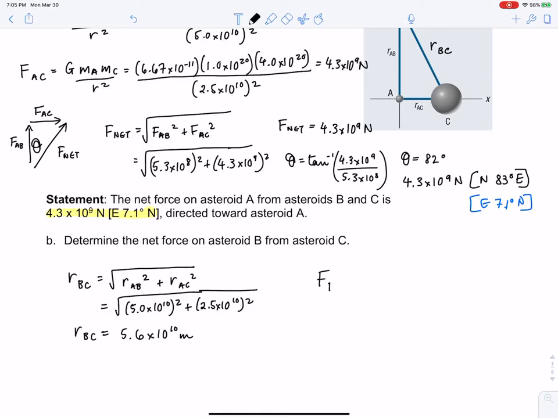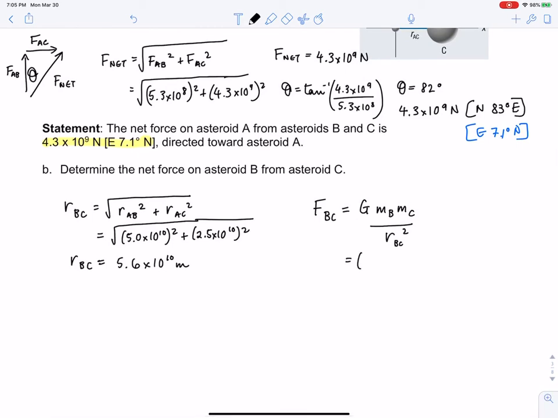Now we're going to use Newton's law of universal gravitation to find the force of attraction between asteroids B and C using G MB MC over RBC squared. That is 6.67 newtons times meters squared per kilogram squared times. I probably should have omitted these units to save space. Be mindful of your space.